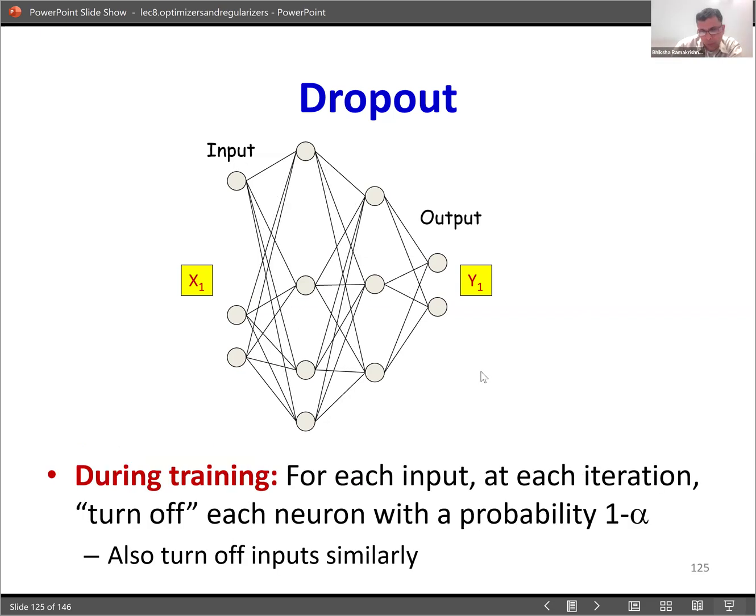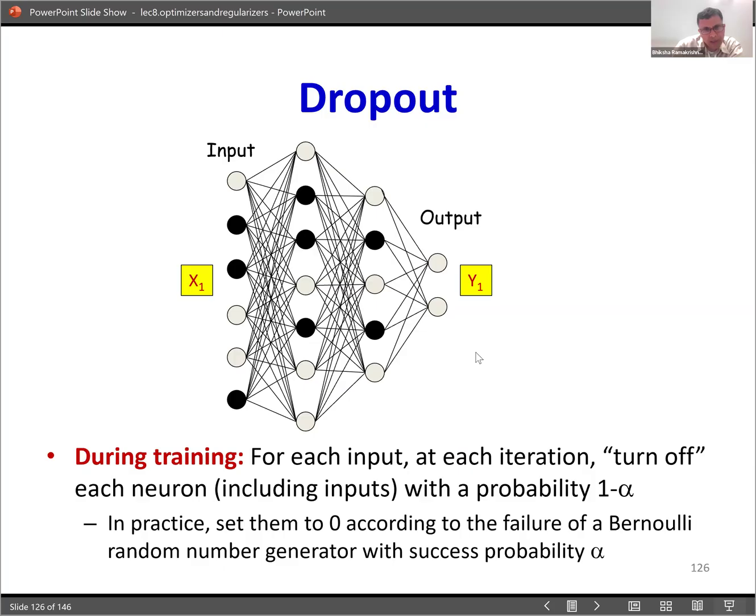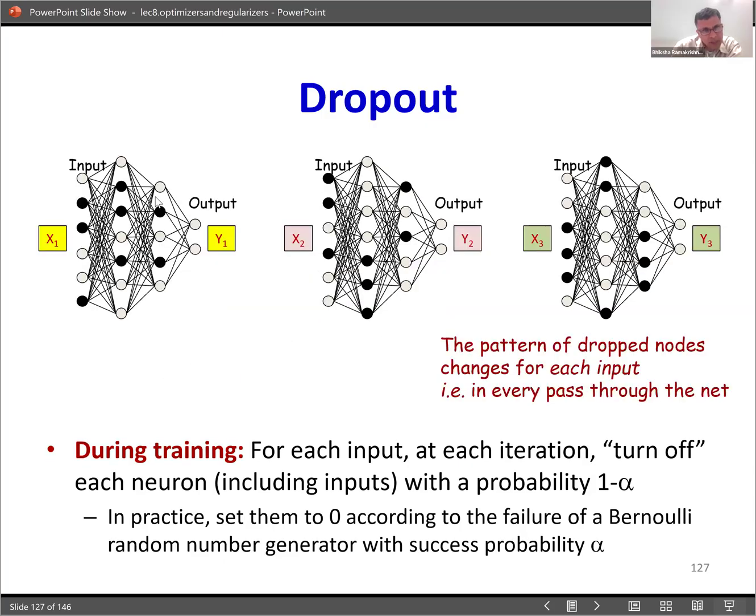But did this make sense, what we just did over here? Yes or no? Okay. And you're going to do it differently each time. So the first input might see this network. The second input might see a completely different network. The third input might see yet another network. And because you do it afresh each time, the next time you process X1 you might see a completely different network, because you keep flipping the coin every time you pick a training instance, regardless of whether you've seen it before or not.